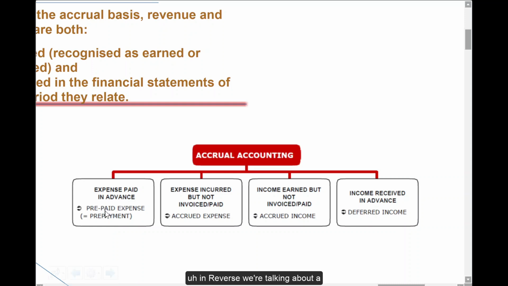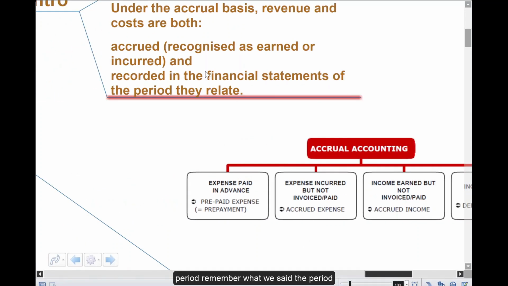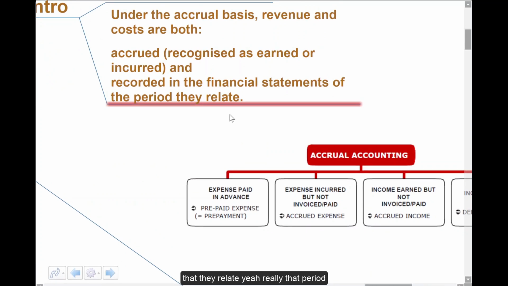We're talking about a prepaid expense. In terms of timing, I've paid it now, but the period that it relates to is out of sync. So I have prepaid an expense. I now have in my accounts what is known as a prepayment, and we'll be looking closely at the double entry to allow for that.